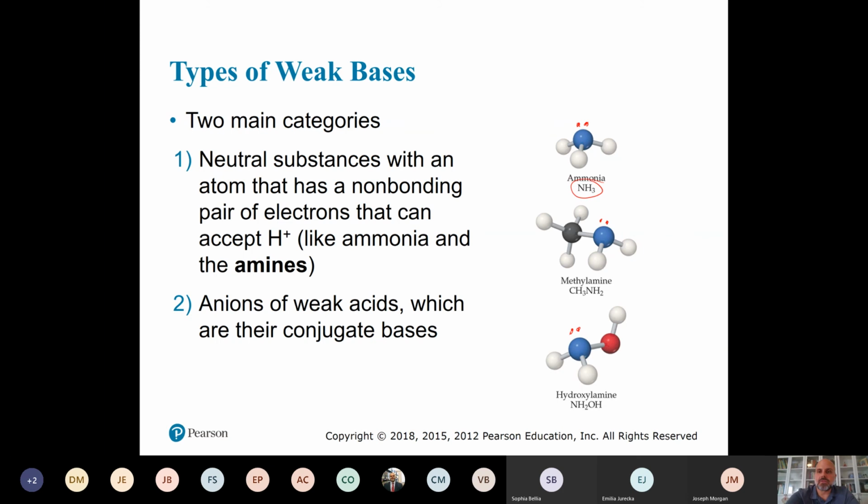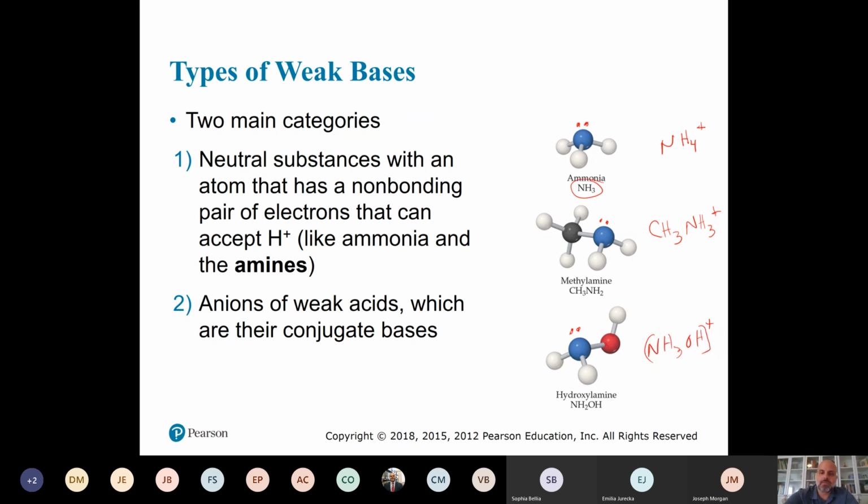So obviously ammonia becomes NH4 with a plus charge. Methylamine will become CH3NH3 with a plus charge. And hydroxylamine will become NH3OH, again with an overall plus charge on the molecule.